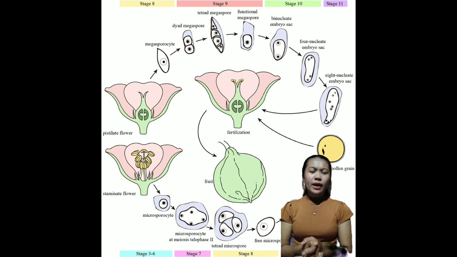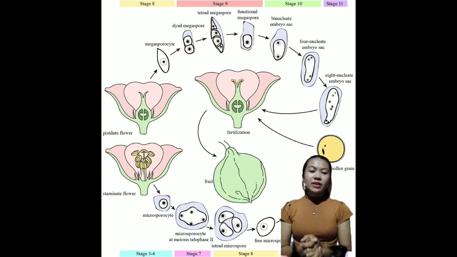The cells of the parietal layer go through a series of periclinal and anticlinal divisions to form 2 to 5 concentric layers of the anther wall. The primary sporogenous cells, either directly or after a few mitoses, function as microspore mother cells.